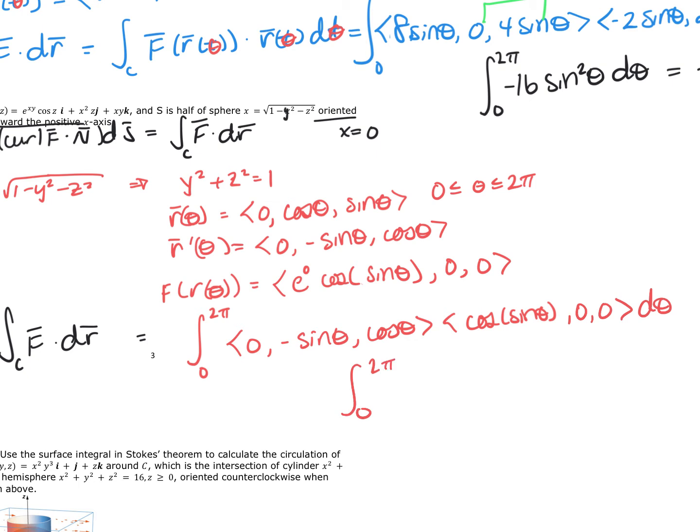Oh, this is nice. This gives me 0, this gives me 0, and this gives me 0. So I had a moment like, oh my gosh, that's not going to be very nice, but really, it's quite nice. I was thinking, oh, I have to integrate the cosine of the sine of theta, but I didn't. It equals 0.